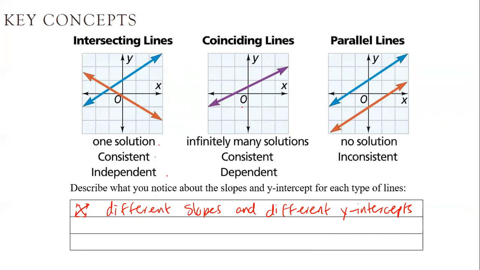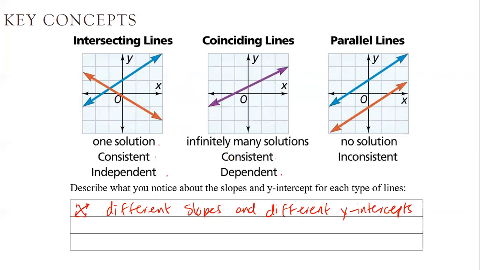Okay, coinciding lines. Coinciding lines mean that once I simplify and reduce both lines, they actually are the same. Notice how it was red and blue. Well, what happens when red and blue overlap? They make purple. So that's what coinciding is representing: these two lines overlap. They're exactly the same. That means that you have infinitely many solutions.